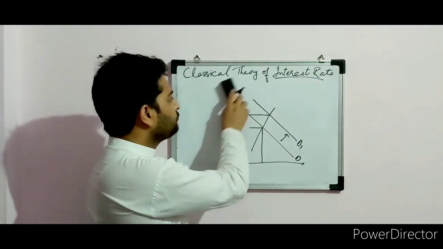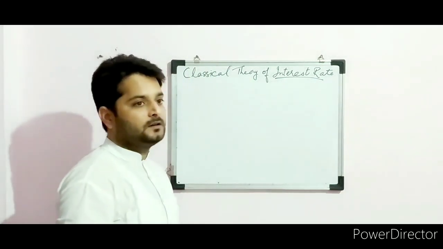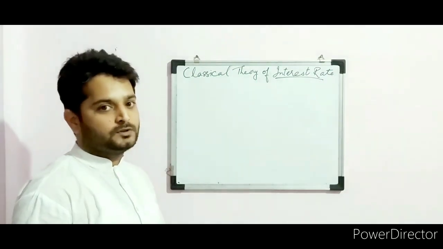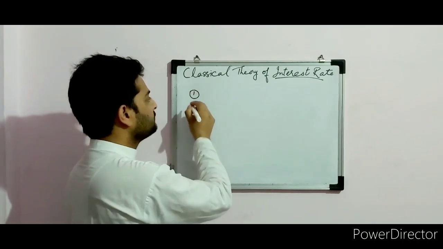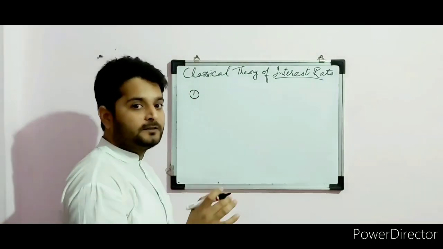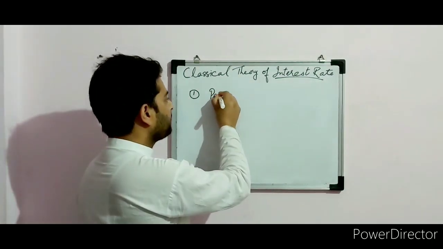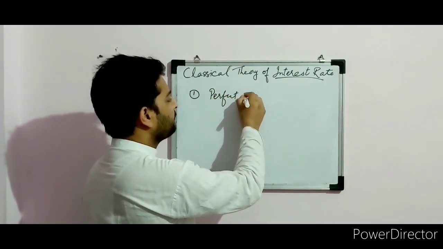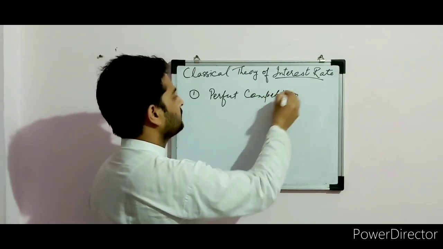Before we go to the complete explanation of this theory, let us discuss some of its assumptions. The first assumption is that there must be perfect competition in the market.